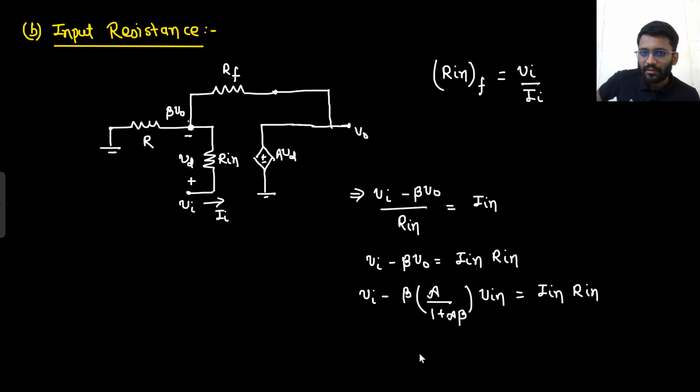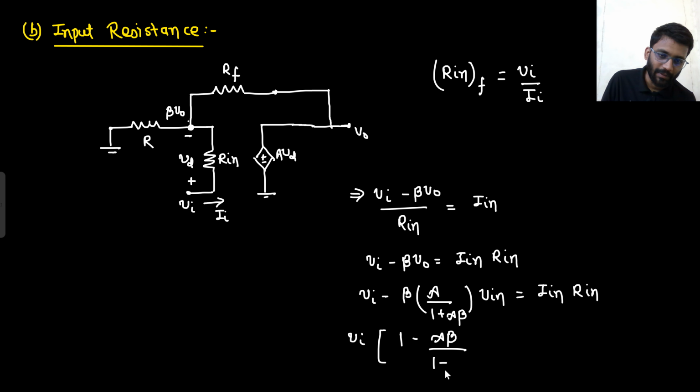There is something certainly wrong. Vin minus beta V naught upon Rin is equal to Iin Rin. Nothing is wrong, just so 1 minus A beta upon 1 plus A beta. You understood, right?